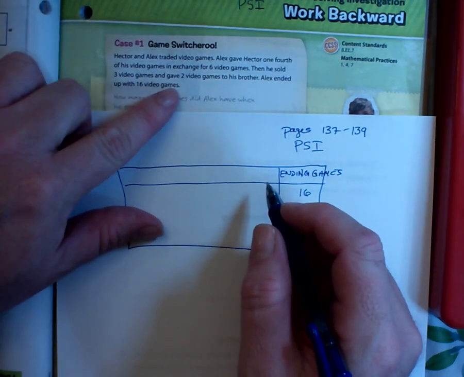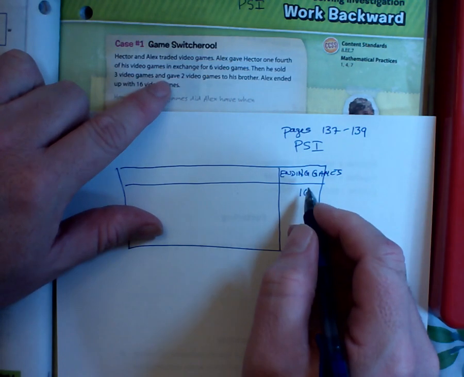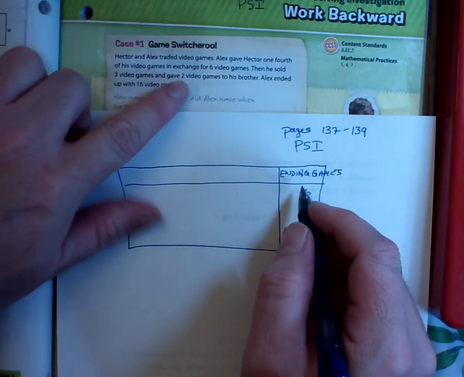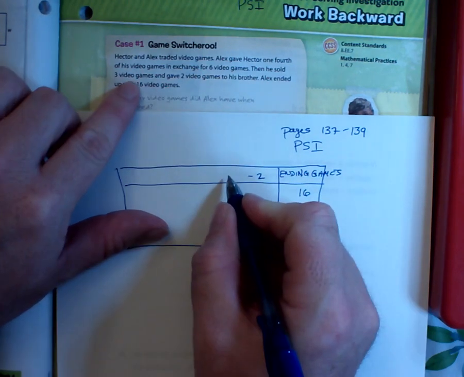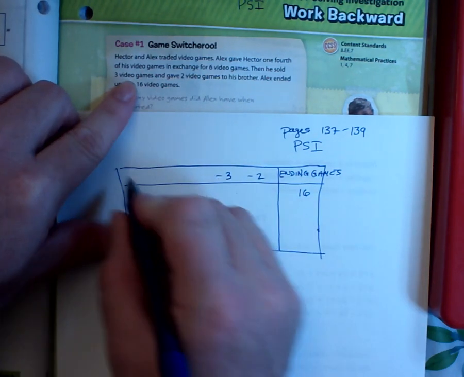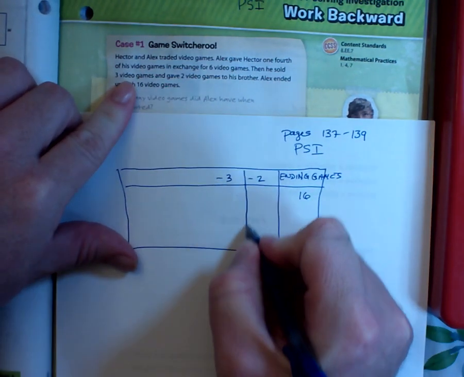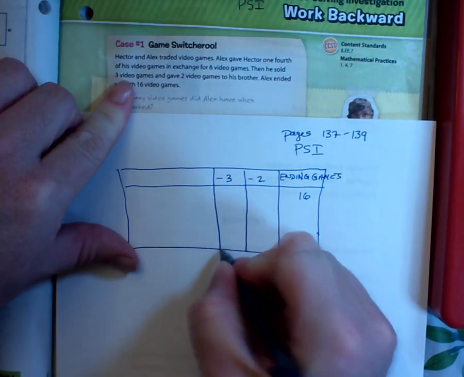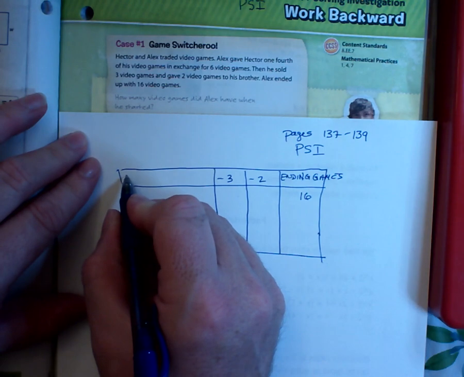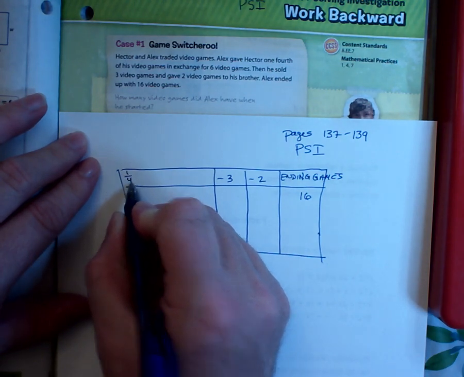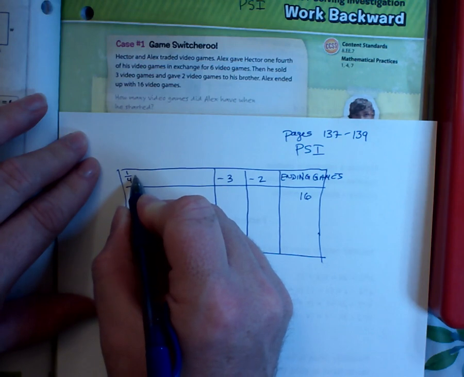Well, we know that to get to 16, previous to that, he had subtracted 2. And previous to that, he had subtracted 3. So whatever we started with, you got to take out the 2 and take out the 3. And then we have a starting amount, and he gives away 1/4 of your beginning number.